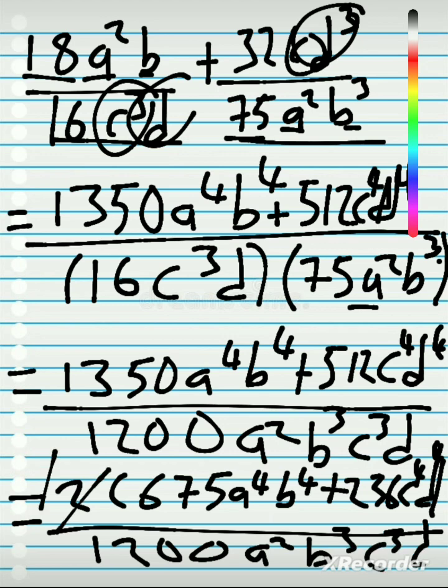So 1200 divided by 2, it's 600. So the final answer is going to be 675 a power 4 b power 4 plus 256 c power 4 d power 4, over 600 a power 2 b power 3 c power 3 d.